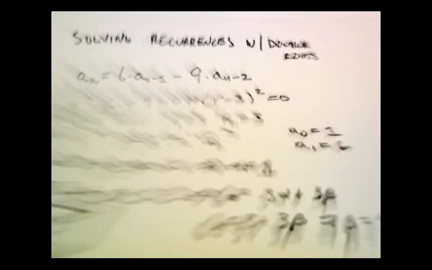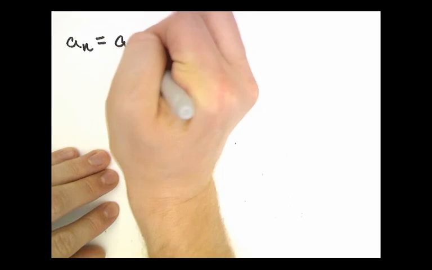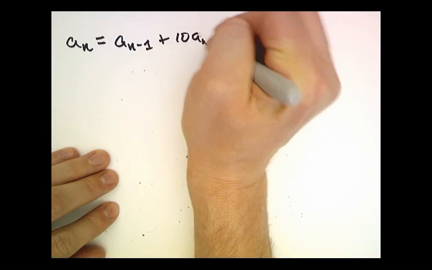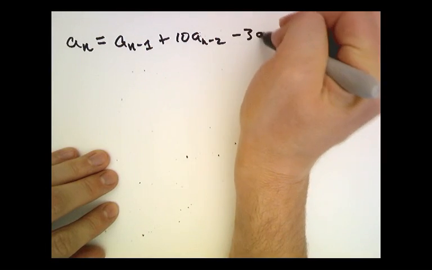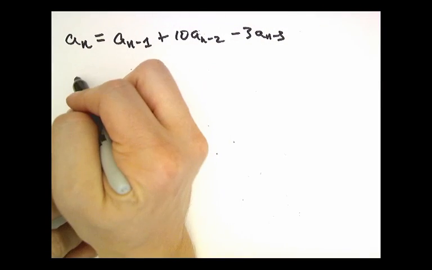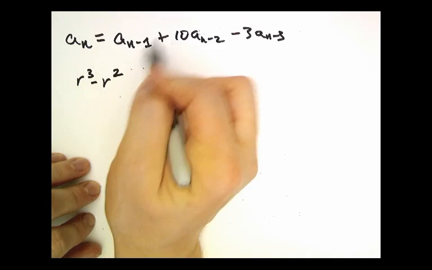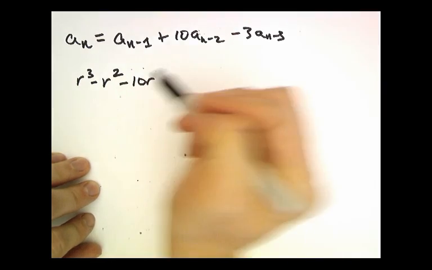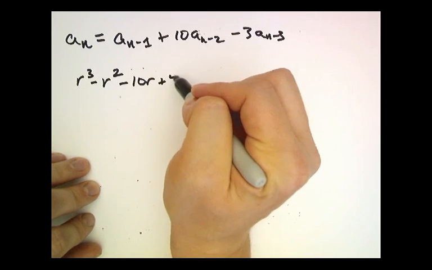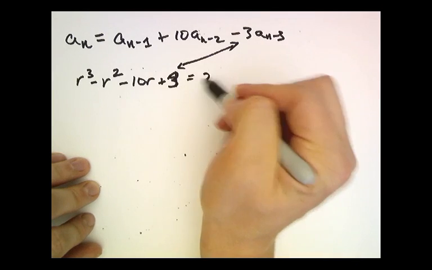Now more generally, these are called linear recurrences. So if we had a recurrence of the form an equals an minus 1 plus 10 an minus 2 minus 3 an minus 3, we would write down a characteristic polynomial of the form r cubed minus r squared minus 10r plus 3 equals 0.